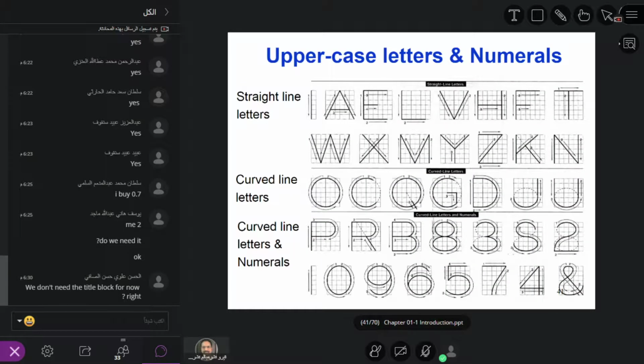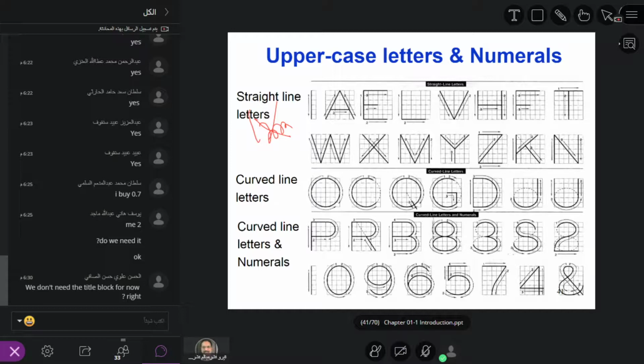You are writing it on a drawing sheet, so it should be very legible. So don't take a paper and write, oh, this is my handwriting. You should not write like this.